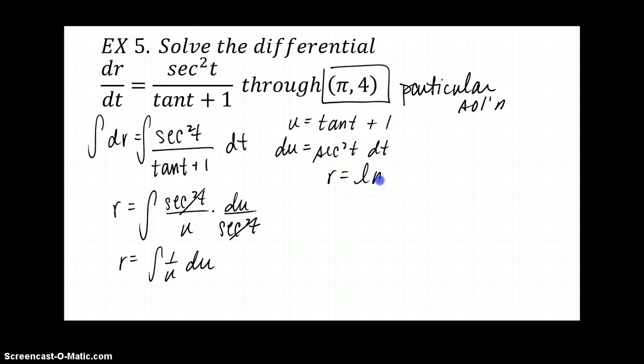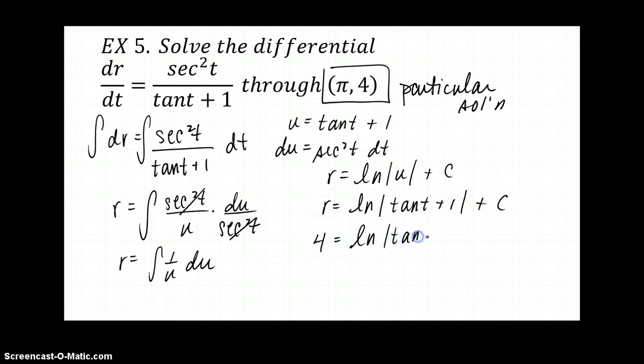r equals ln absolute value of u plus c. So we have ln absolute value of tan t plus 1 plus c. Now let's plug in our point. r is 4 when t is pi.